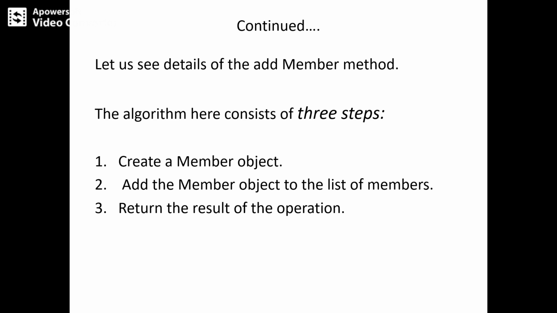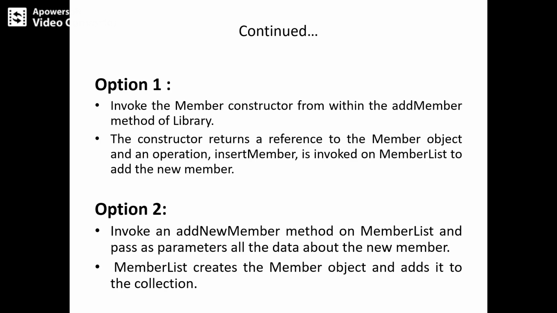To carry out the first two steps, creating a member object and adding the member object to the list of members, there are two options. In option one, we invoke the member constructor from within the add member method of the library.